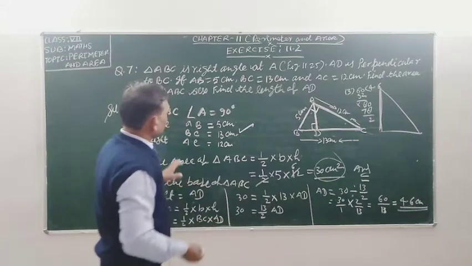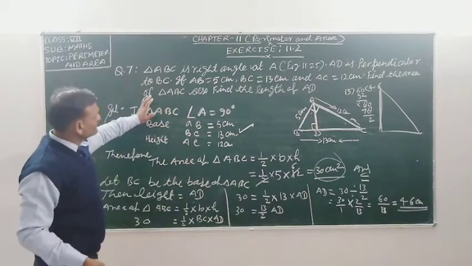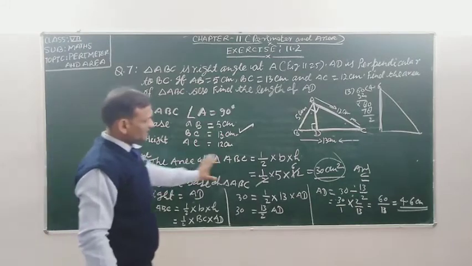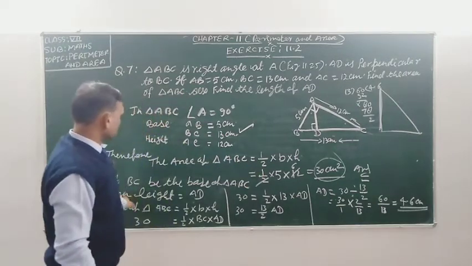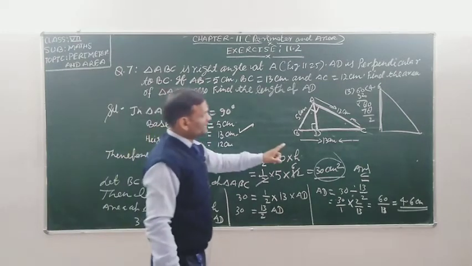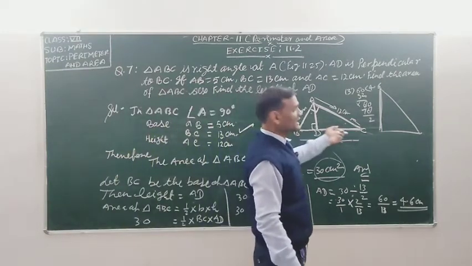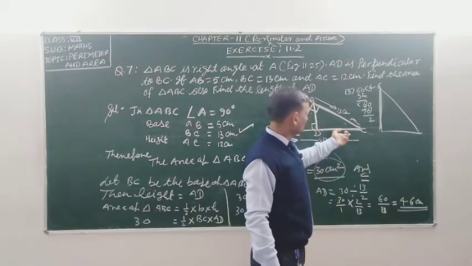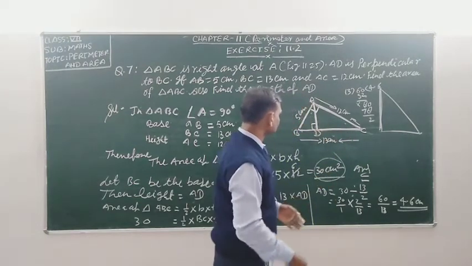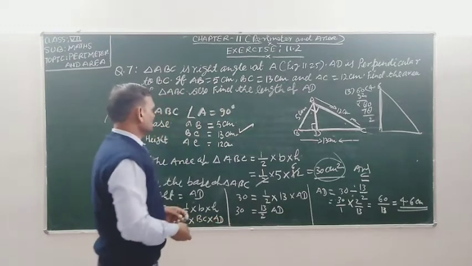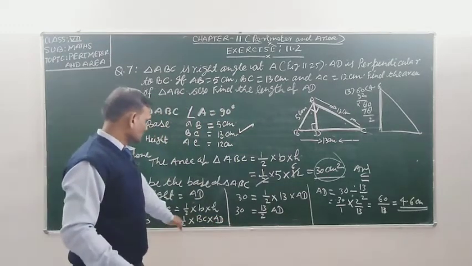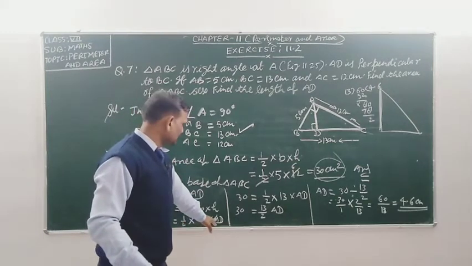So student, I hope you have understood this question very well. This is very easy. Firstly, you will find the area, and after this, find the length of AD. For finding the length of AD, you have to take BC as the base. And area of the triangle is 1/2 base into height, 1/2 into base BC and AD.